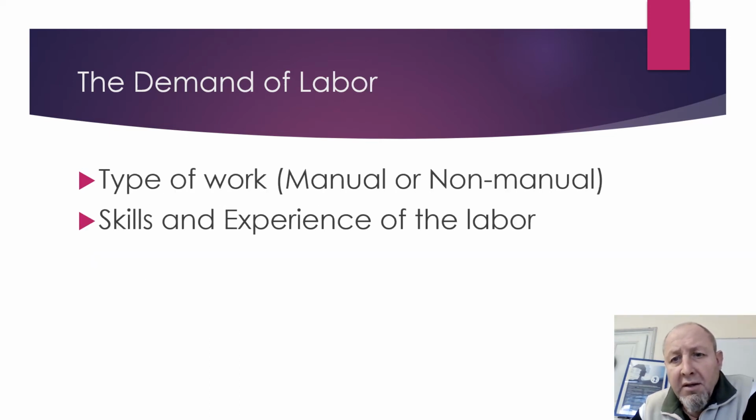Looking at the demand of labor, nice American spelling there, the demand of labor is influenced by the type of work, whether it's a manual task or a non-manual task. It's also determined by the skill level and the experience of the labor involved.